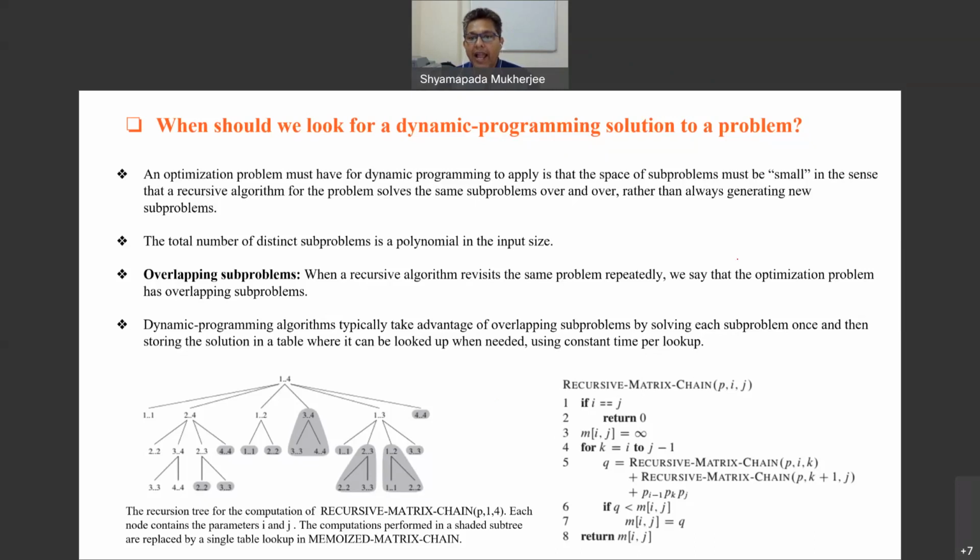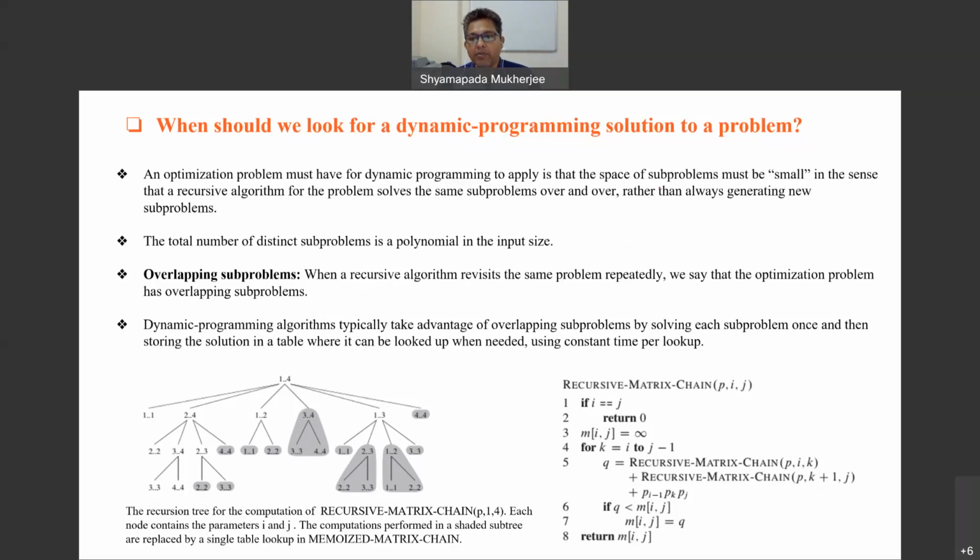And the number of distinct subproblems appearing during the solution procedure will be small. If the number of distinct subproblems is very high, then dynamic programming is not useful for those problems, or it is not a very intelligent idea to use it.